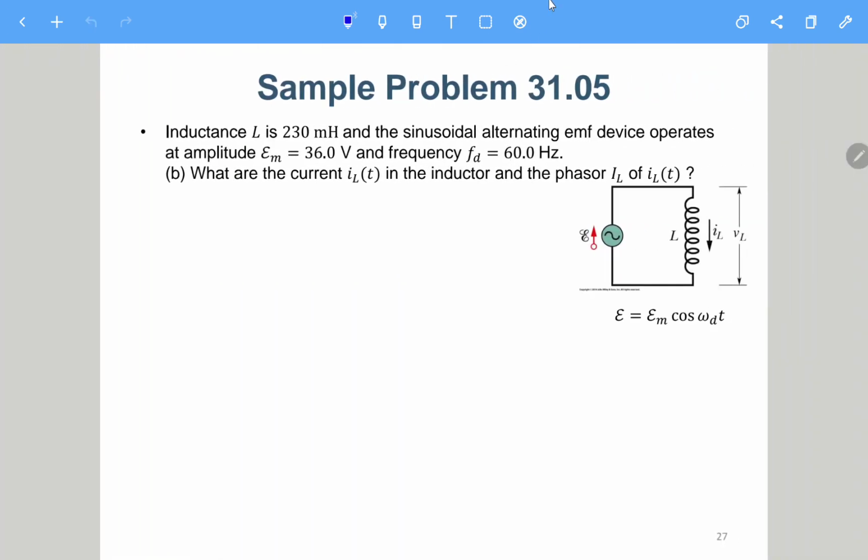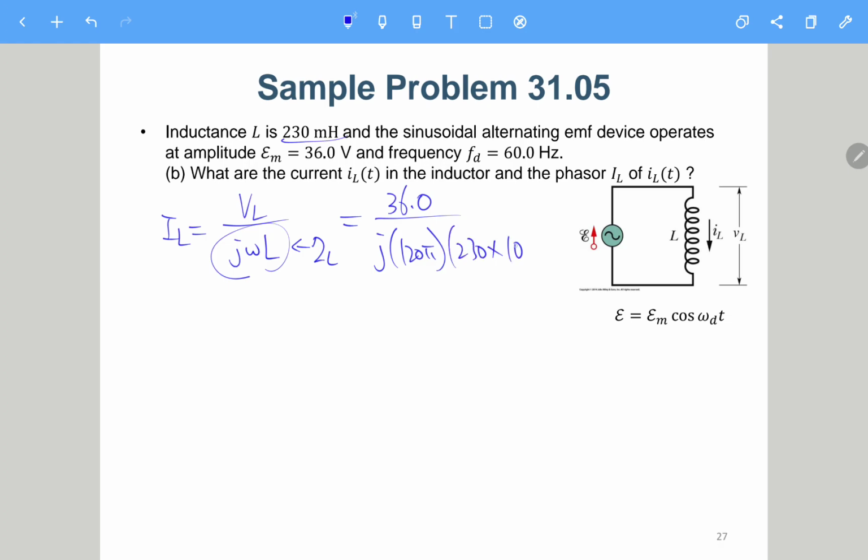Next, what is IL of t and also capital IL? IL will be VL over ZL. ZL is nothing but j omega L. So we have 36.0 over j omega, where omega is 120 pi, and L is 230 times 10 to the negative third power.